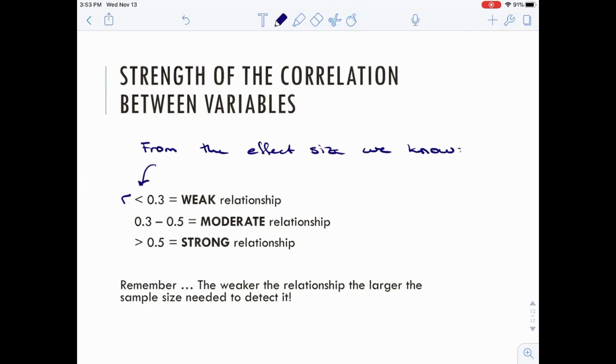To me, it says 0.3 minus 0.5, which is not what you mean. Anyways, it doesn't matter. And then a correlation larger than 0.5 is a strong relationship. I'm just going to rewrite that.